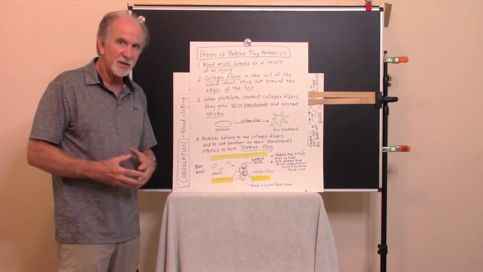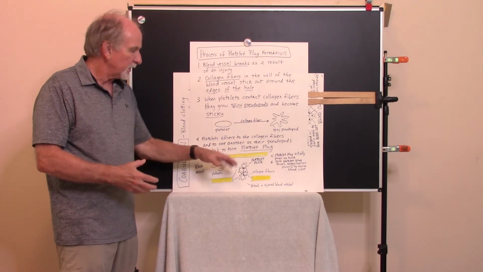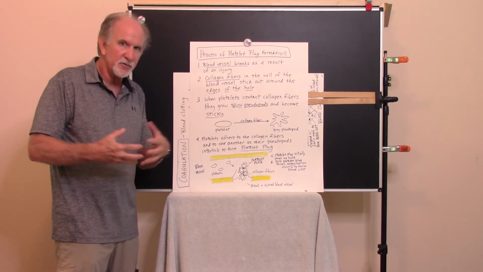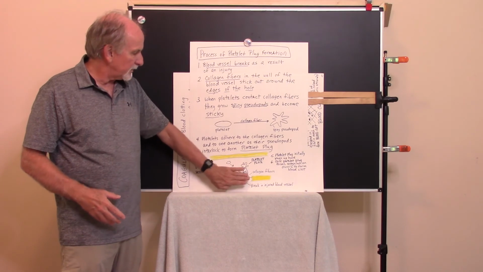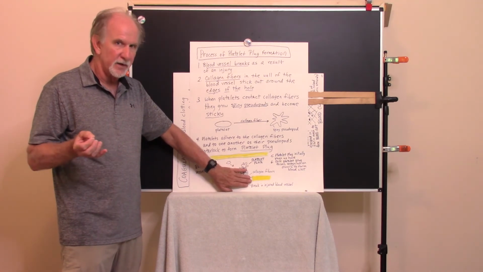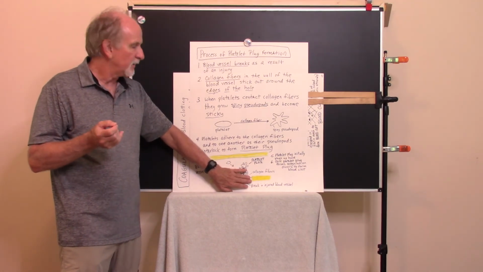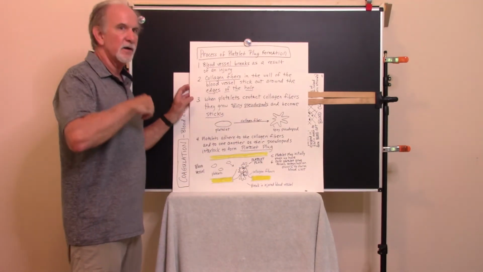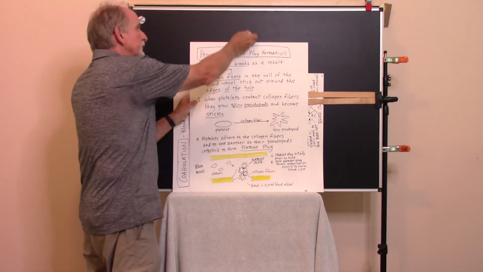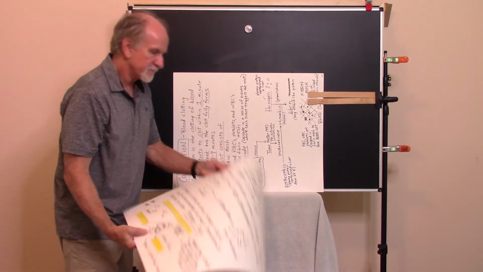They become sticky and they stick together as well. The interlocked platelets sticking to one another form a platelet plug that seals up the break. This is the initial sealing up of the break, and it's followed by the formation of a stronger, more permanent solution, and that would be the blood clot.